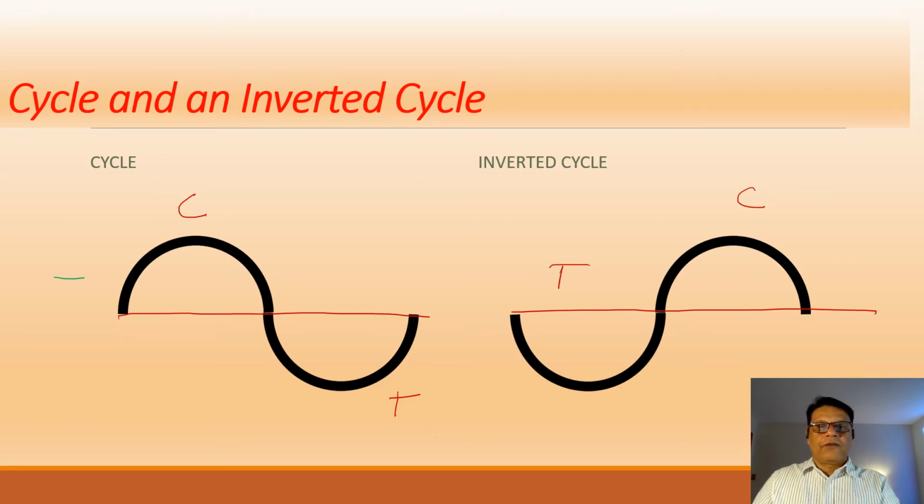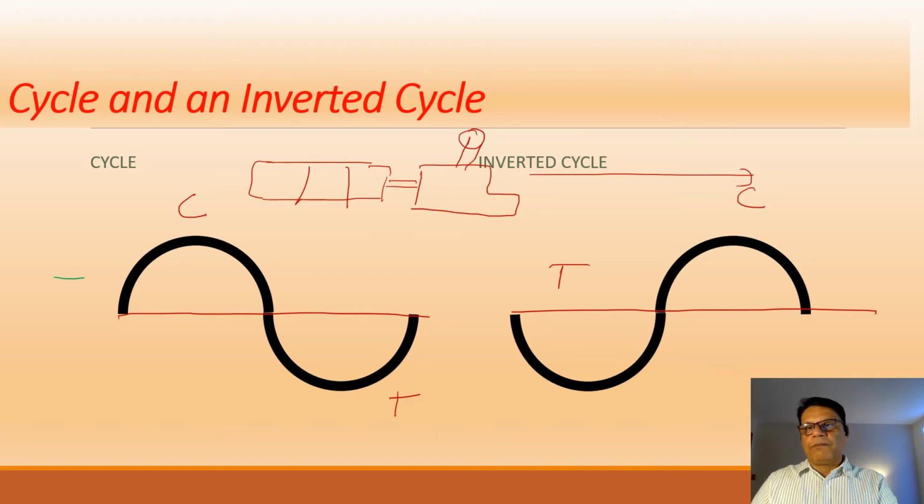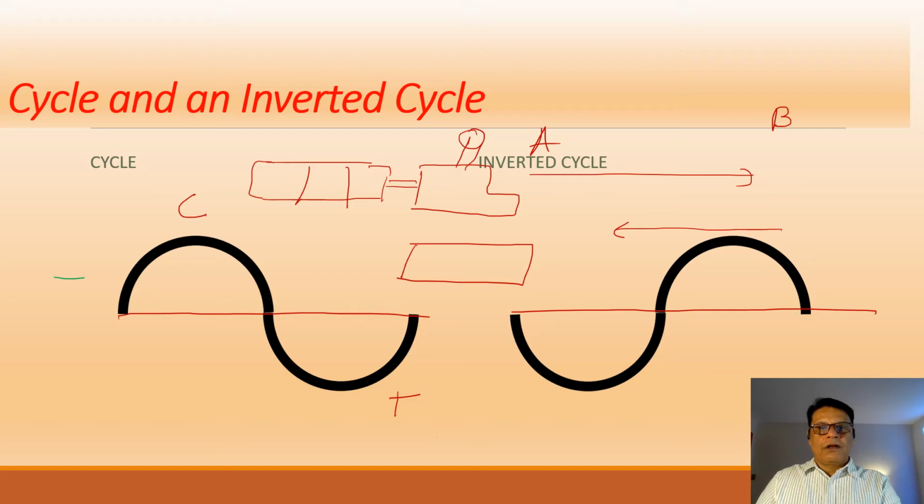It is just like, suppose we have a train, and it has an engine, and it makes a round trip between A and B. When it returns from the point B, now its engine is flipped.